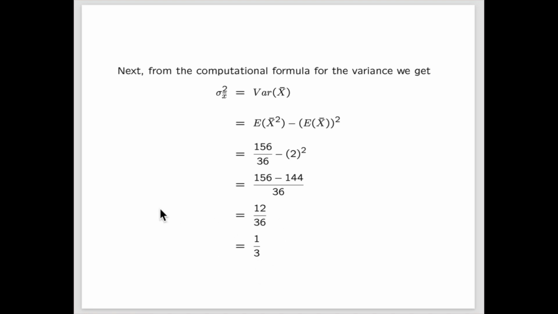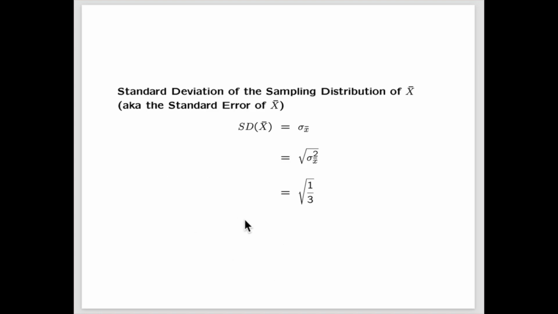All right. And then finally, once we have the variance of the sampling distribution of X bar, we can find the standard error of X bar, which is the standard deviation of the sampling distribution of X bar, by calculating the square root of the variance. Remember that the standard deviation is always the square root of the variance.